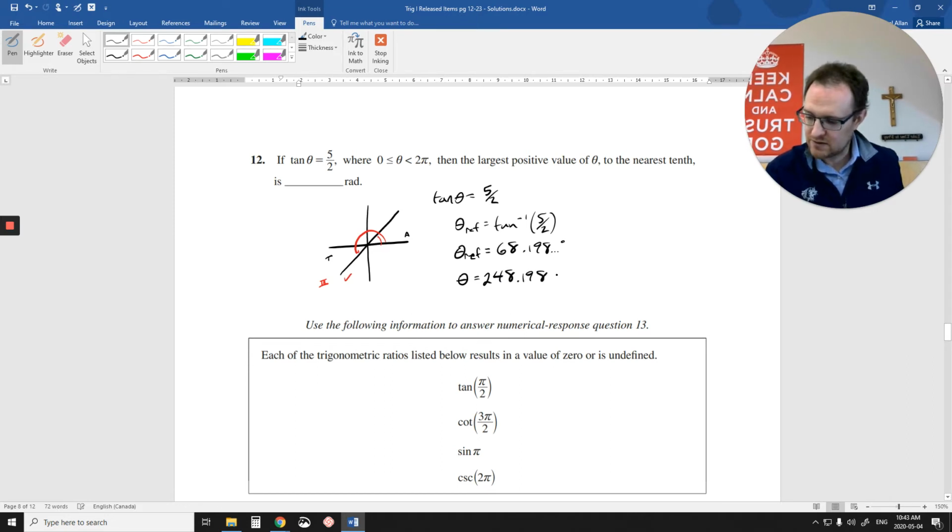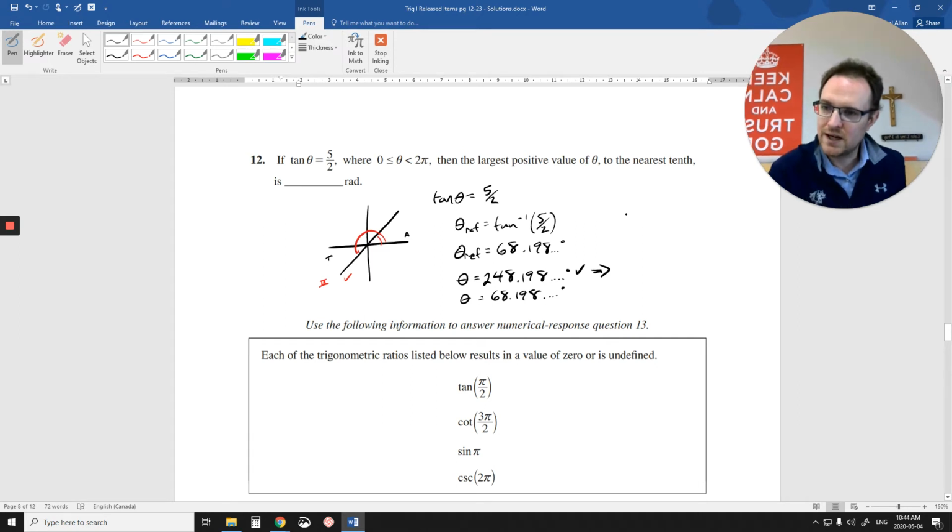There are two answers, right? There's this other one, the 68.19. But I'm just worried about the bigger one, and I'm going to just change that into radians. So I'm just going to write up my ratio here to figure out what I'm doing again. Sometimes I forget. Yeah, cross multiply, divide.